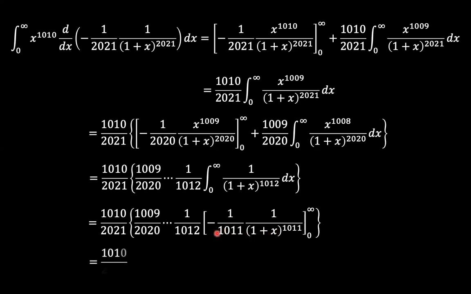And so essentially you have in the numerator a product from 1010 to 1009 all the way to 1. In the denominator, we have a product from 2021 down to 1011.